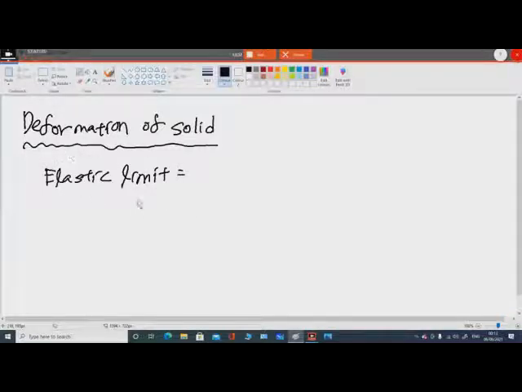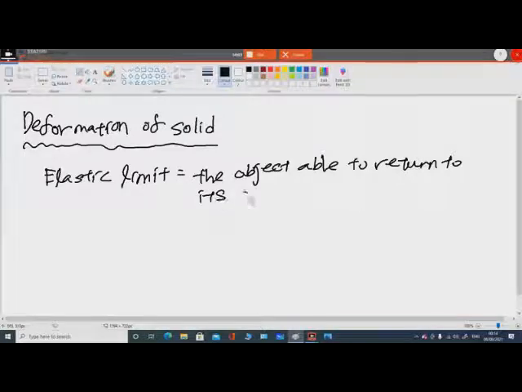As we mentioned earlier, before the elastic limit, the object is still able to return to its original shape if the force is released.